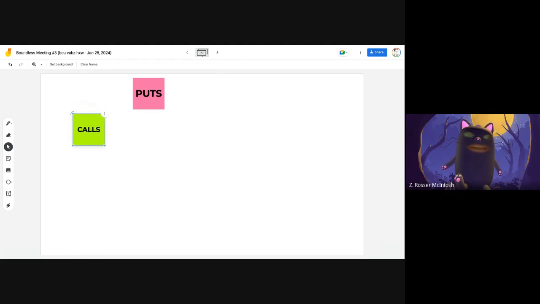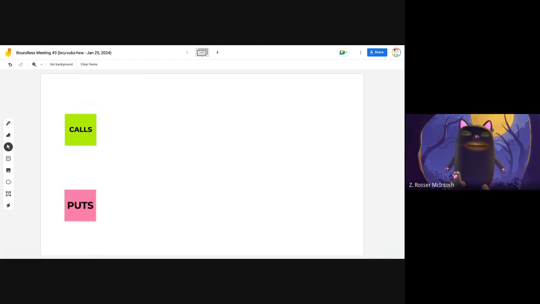And both calls and puts can be either bought or sold. We can buy, or we can sell, or we can short sell, sort of. Both calls and puts.